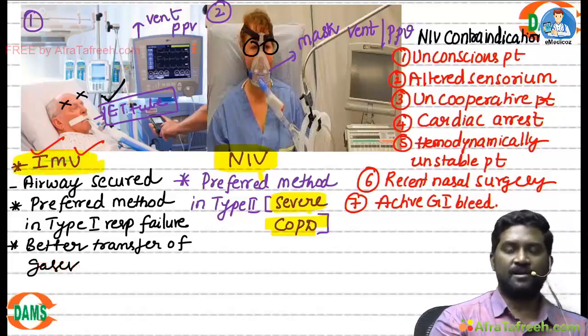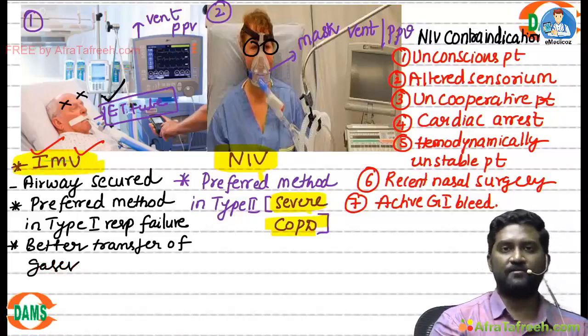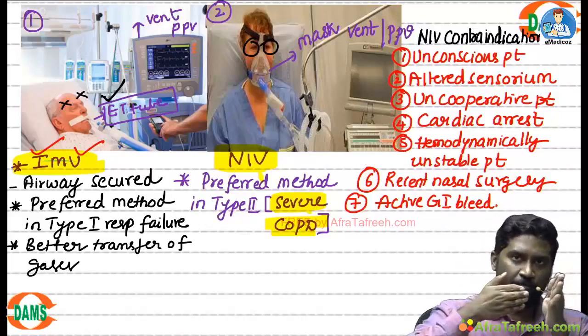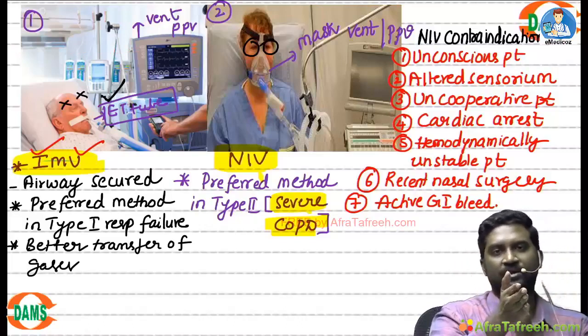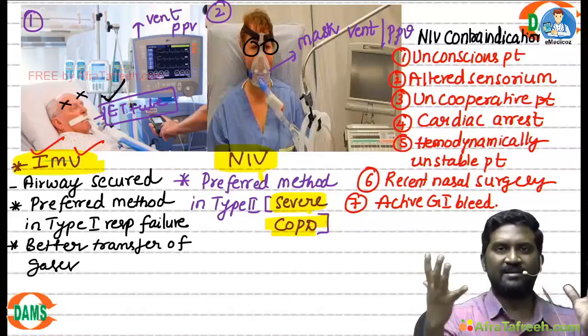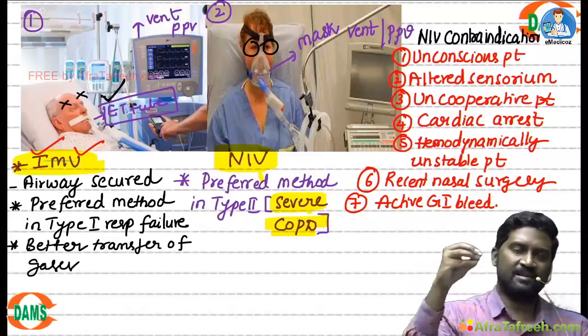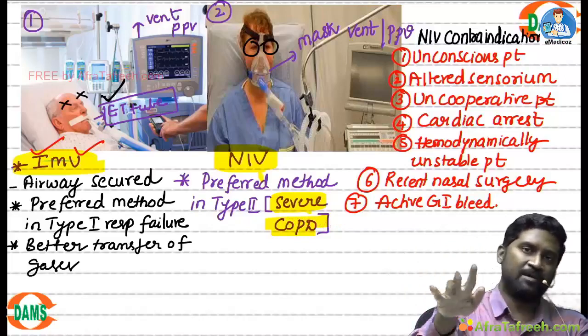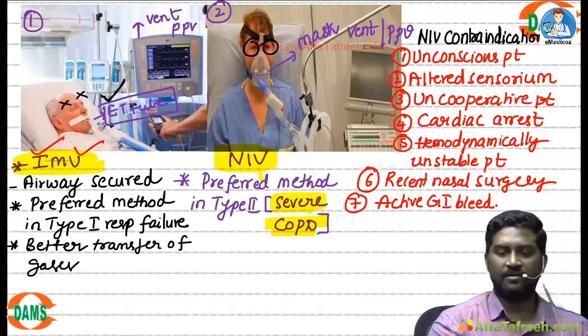In COPD emphysema, there are hyperinflated areas called bullas. Already a balloon is stretched to its maximum capacity. Now if you pump more air into that area, that balloon can rupture, bullas can rupture, resulting in air escaping into the pleural space, causing a dangerous complication called pneumothorax.